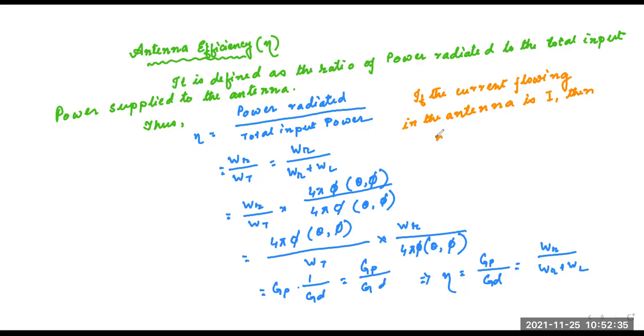Then the expression will be eta equals I squared RR by I squared RR plus RL.